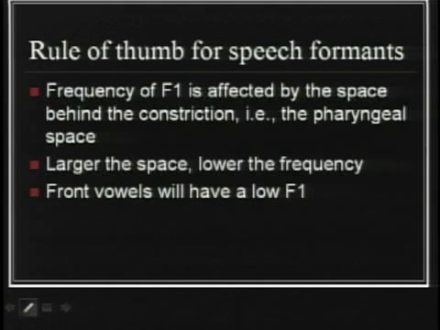This is the part that you need to remember for the speech formants. Once we're out of the realm of an unconstricted vocal tract, the first formant's frequency is determined by the space behind the constriction. Essentially that's going to be the pharyngeal space behind the tongue.